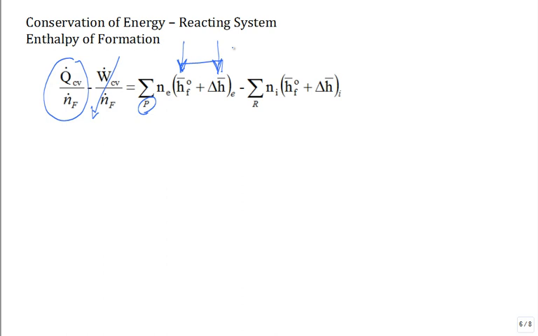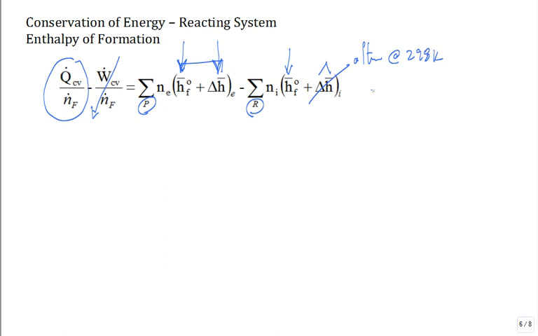Same with the reactants. Enthalpy of formation, then see if it's hot or cold. You need to adjust it compared to 298. Often, the fuels in the reactants, like the oxygen, are at 298, so the delta H bars are 0. Often, but not always.